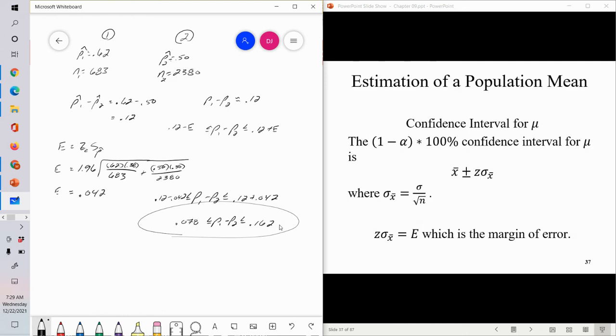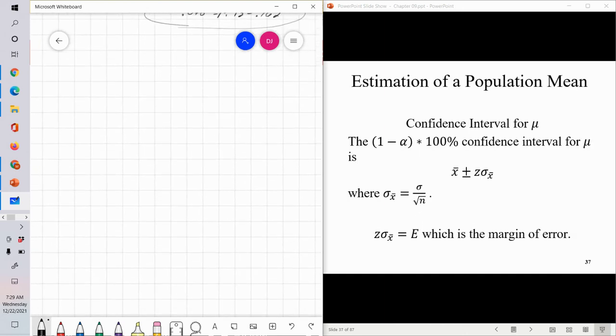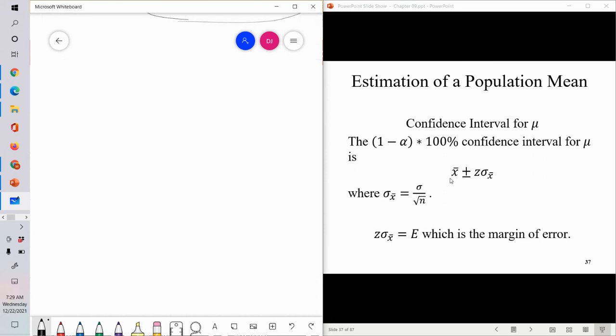Okay, notice that this slide looks very similar to what we've seen before. Mu is going to be somewhere between our margin of error confidence interval, x bar plus or minus z times sigma sub x bar. This is a margin of error. Mu is somewhere between x bar plus or minus margin of error.